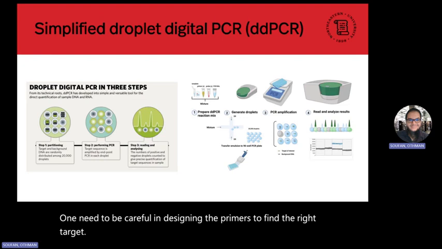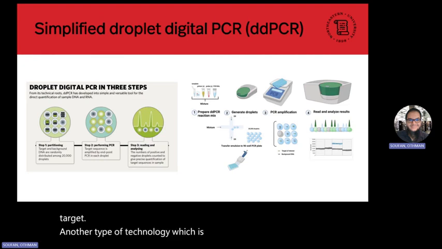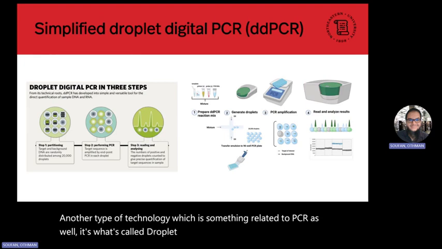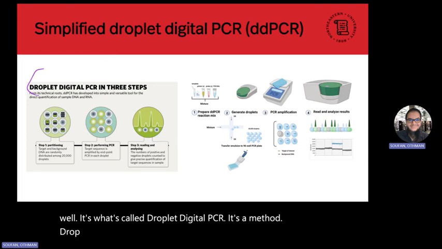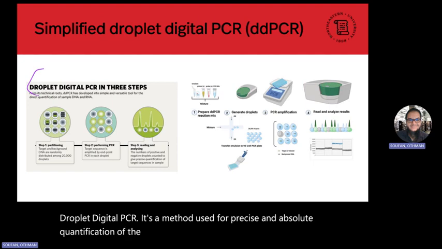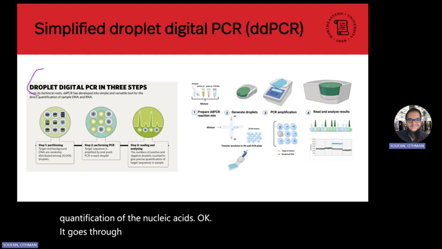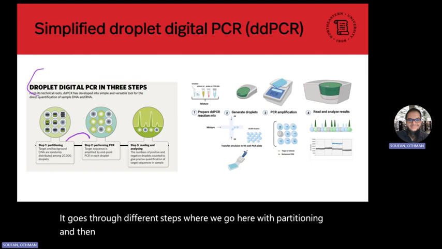Another type of technology related to PCR as well is what's called droplet digital PCR. It's a method used for precise and absolute quantification of nucleic acids. It goes through different steps, where we start with partitioning and usually end up with many droplets.